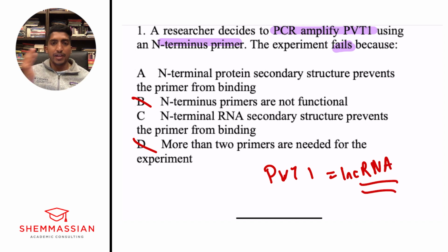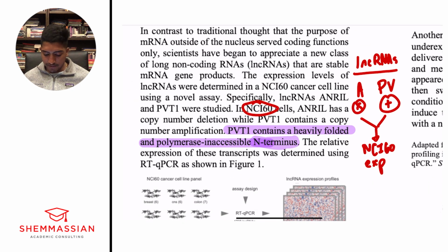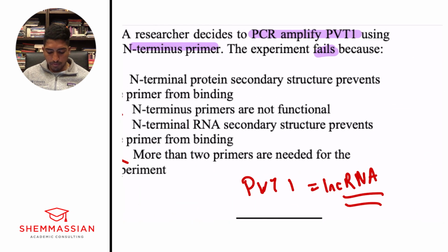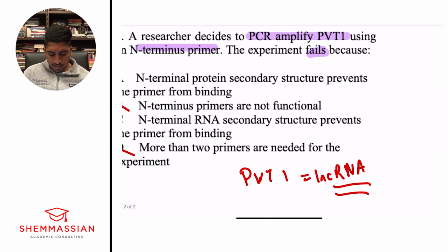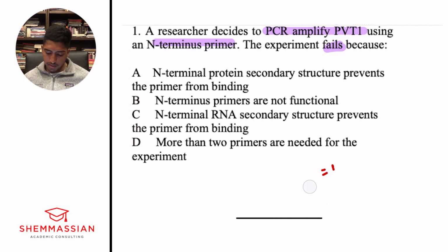That was the whole big picture understanding, that ANRIL and PVT1 are these special long non-coding RNAs. And so without even going back, we should be able to say, oh, that means this isn't a protein. This is an N-terminal RNA. And so with that, we've eliminated 3 answer choices pretty easily, and we've picked the reason why the experiment would fail. And with that, we're on to our question number 2.